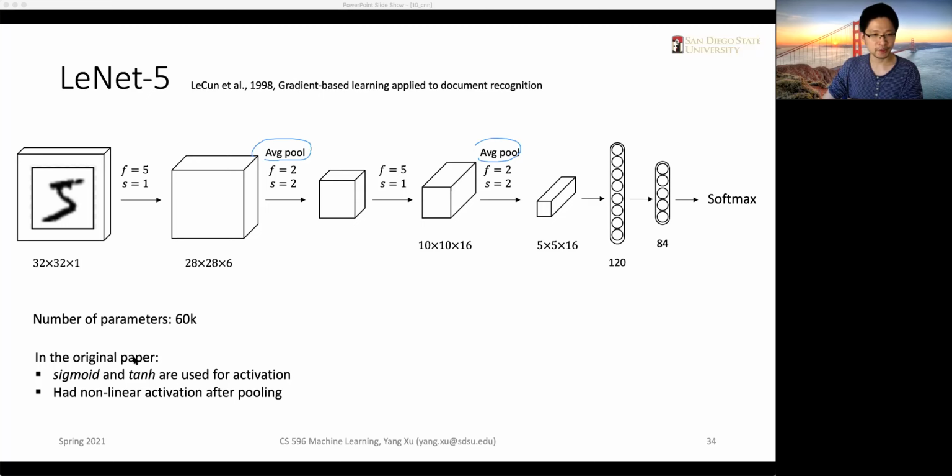In the original paper, sigmoid and tanh were used for activation, but now we would typically use ReLU. These are just variants of the original model.